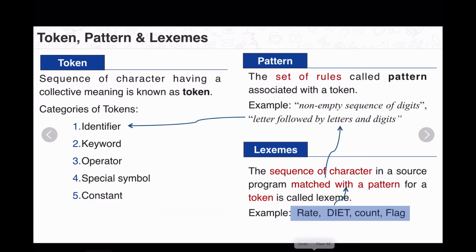Once you understand these three terms' definitions along with the examples, let us see a good example in the next slide. I'll give a piece of code. You need to identify which is a token, which is a pattern, which is a lexeme. I have taken one example: total is equal to sum plus 45.